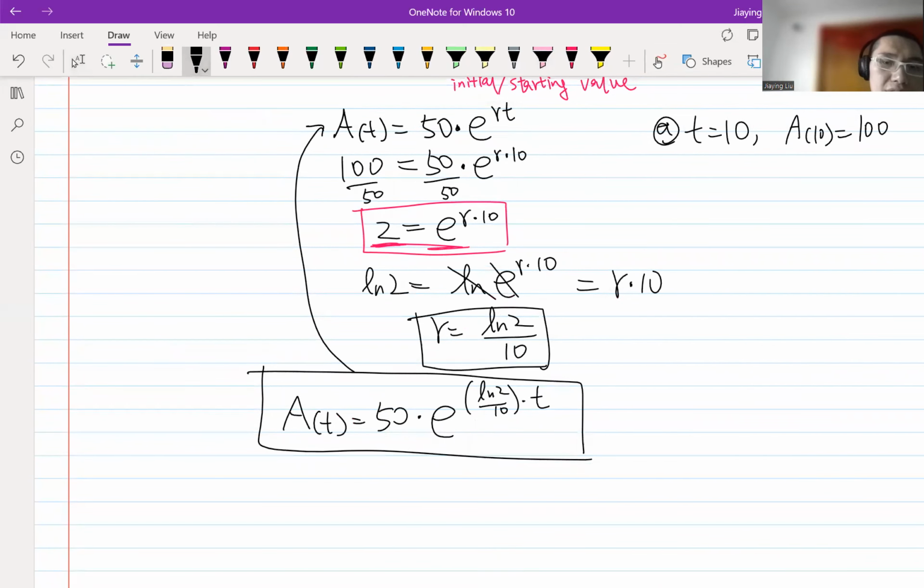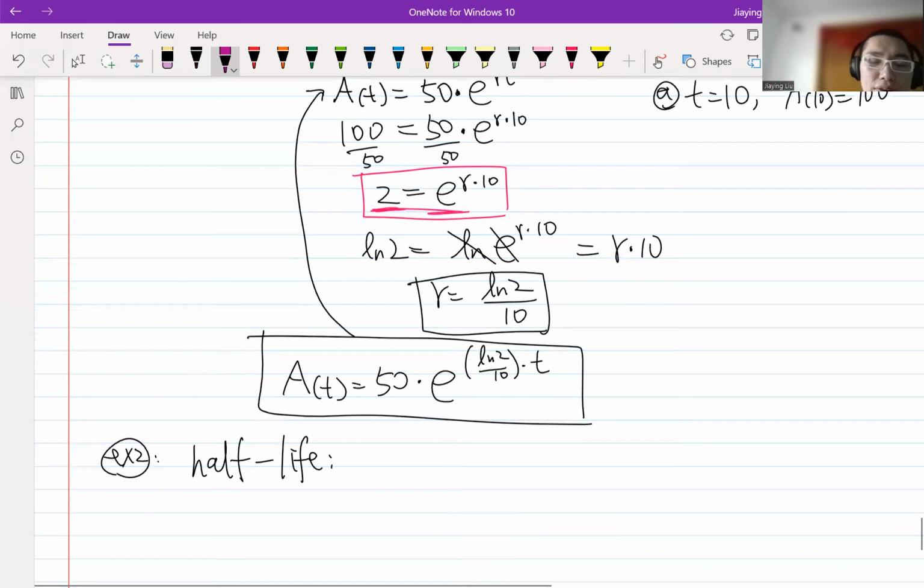Okay, the next example I have is related to half-life. Usually those examples are only related to exponential decay situations. So half-life is not a time, I know, even though when we talk about life it means time, right? Actually, let me take it back. Half-life is not half of what it is.